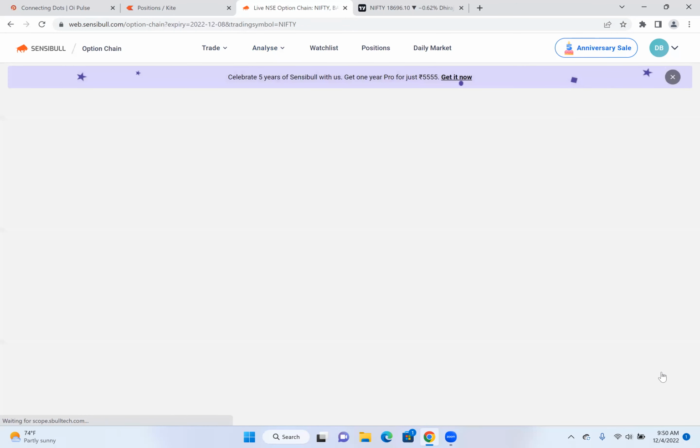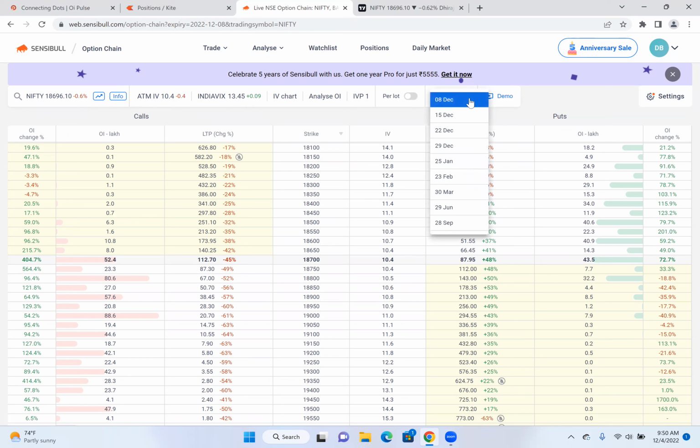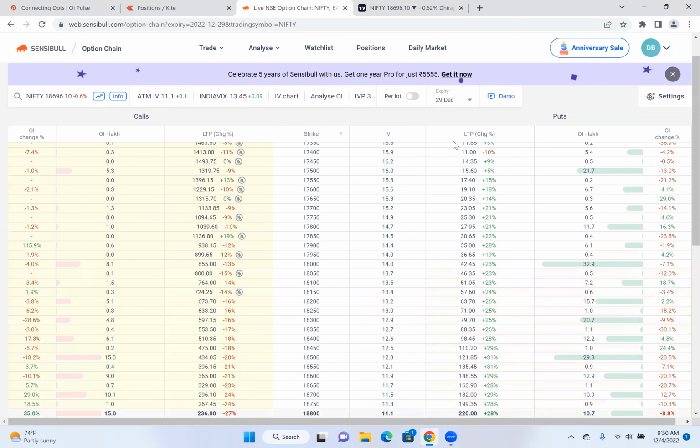Okay. So this is how an option chain looks. What are we looking at? We are looking at the option chain of Nifty. You can choose the expiry here. So we are looking at the option chain for the Nifty 8 December expiry. It will change if we select, let's say, the 29th December expiry.